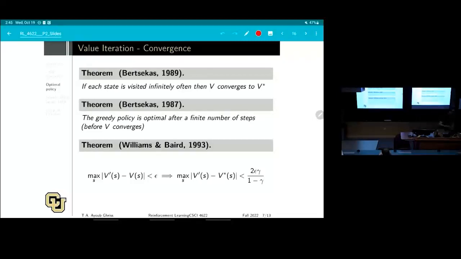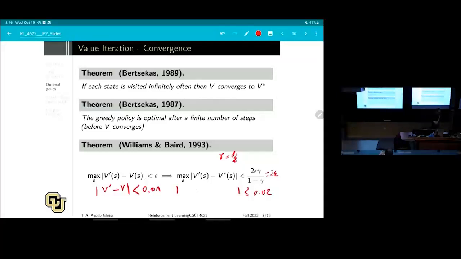So let's say I know that gamma is equal to 1 over 2, so this basically becomes 2 epsilon. And if I reach the stage where my new V prime minus V is less than 0.01, then I know that this bound is less than basically 0.02. Yes? The discount rate, yeah.